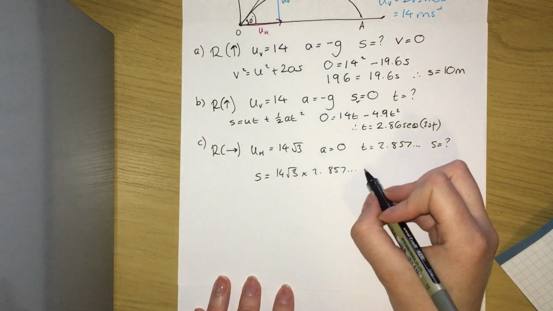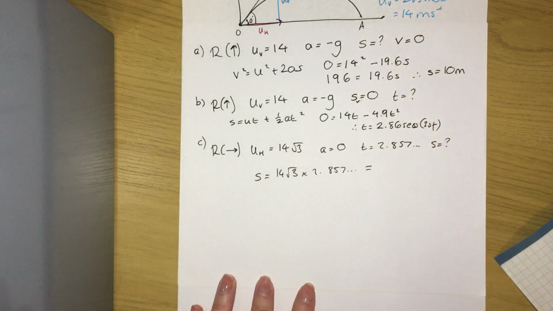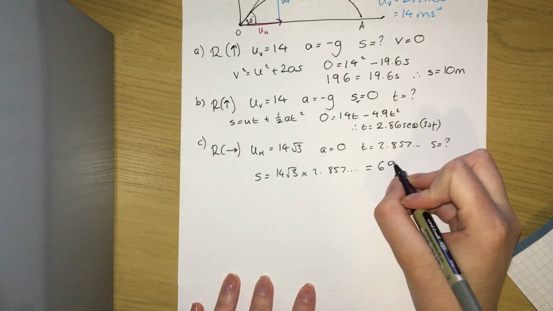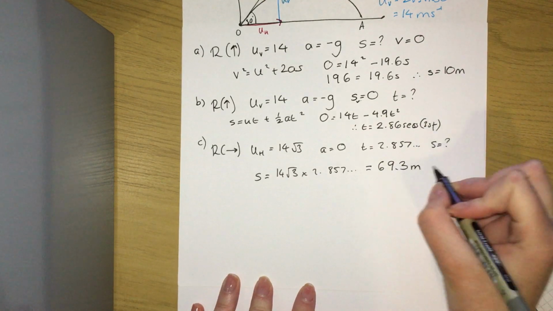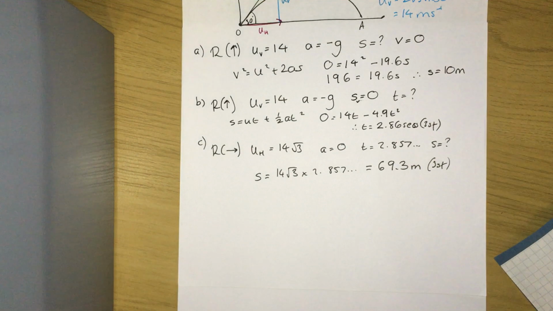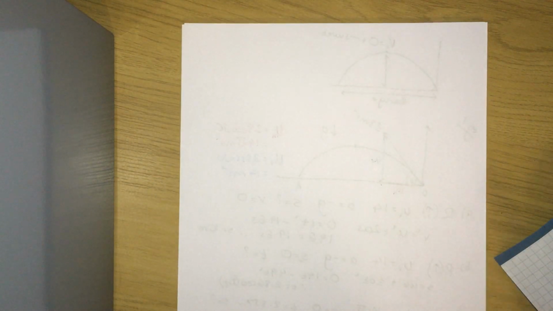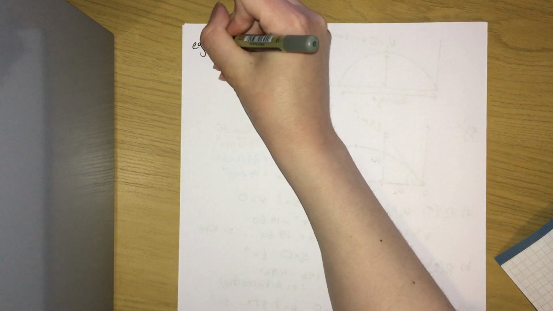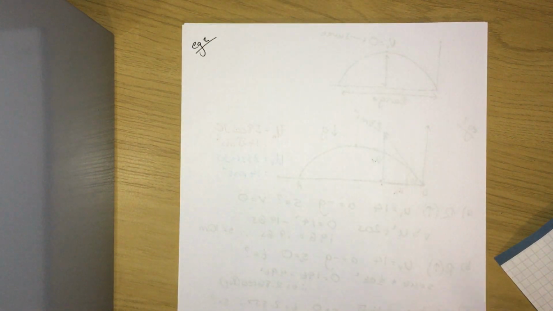Speed is distance times time, so we don't need to worry about the rest. So the horizontal displacement is 69.3 metres to 3 significant figures. Okay, so that's more going over the definitions. As we go on, the problems are just getting a little bit more challenging or varying in their words.